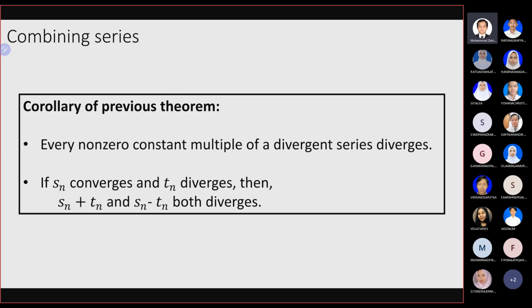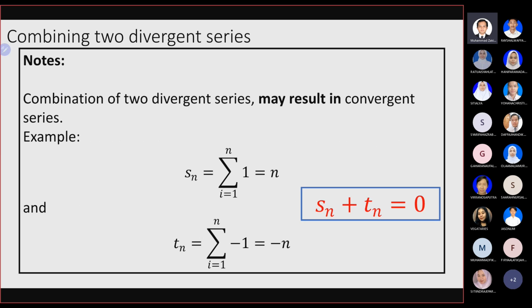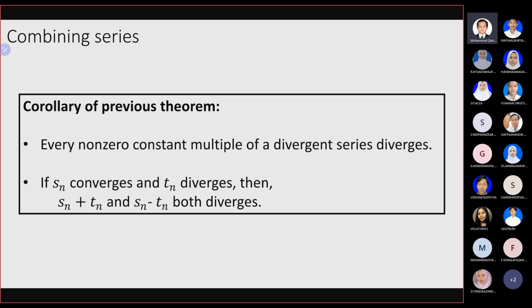We have to pay attention to this. Why? Because combining two different divergent series may result in a convergent series. Kita harus hati-hati dengan menggabungkan. Kalau di sini kita menjamin bahwa kalau satunya konvergen, yang lainnya divergen, maka hasil gabungannya itu pasti divergen.